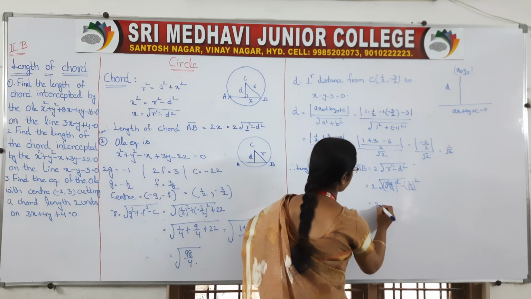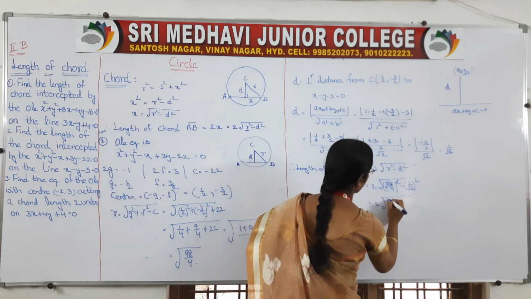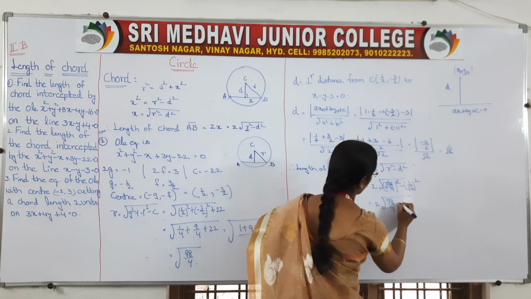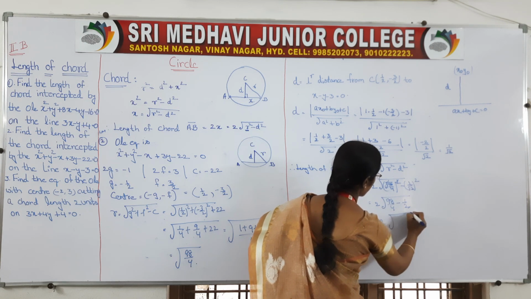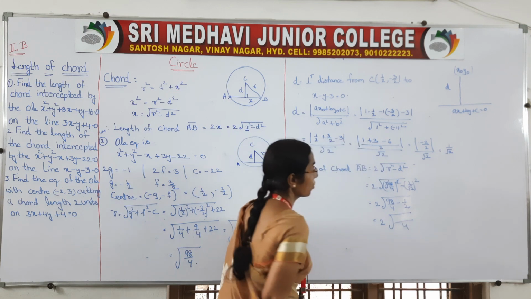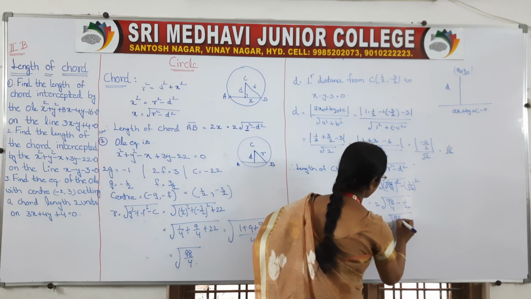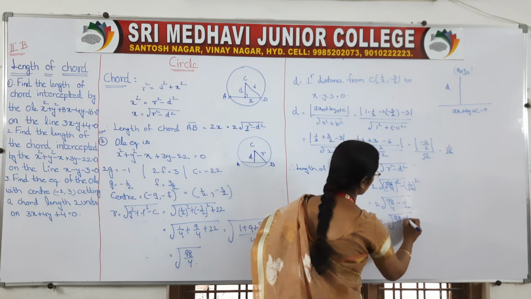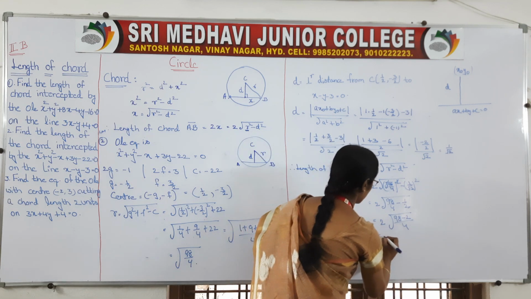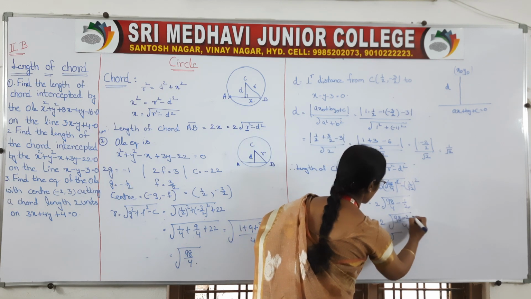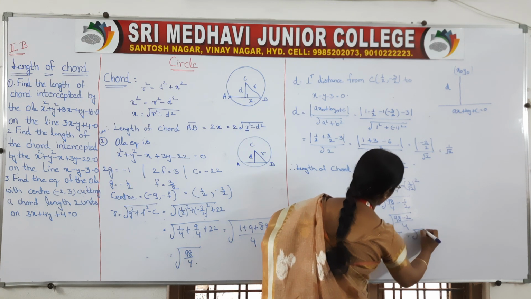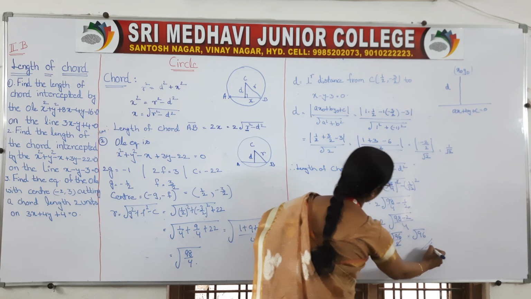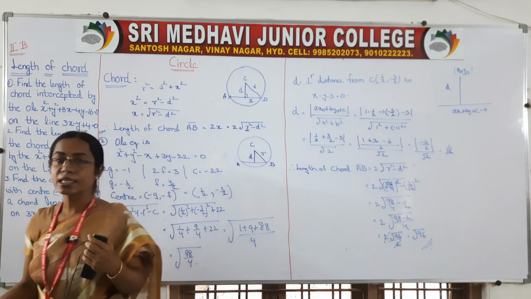There also it cancels. So it is 98 by 4 minus 1 by 2 is equal to 2 into root of, come on, 4 as the LCM, 98 minus 2, 2s. So is equal to 2 into root of 98 minus 2, 96, by 4, root 4 is 2, 2 to cancel. So your length of the chord is root 96.